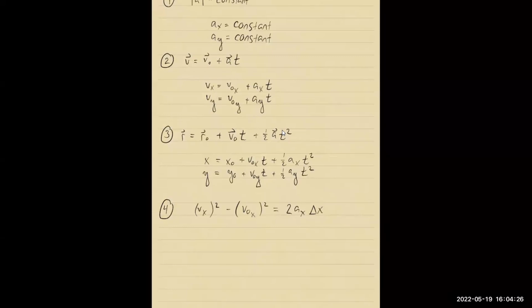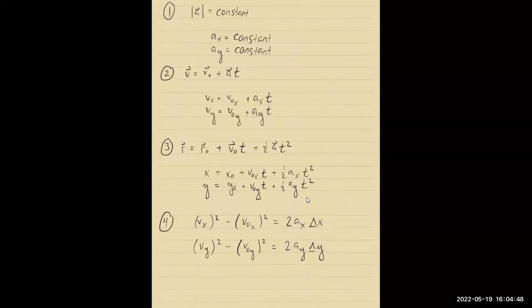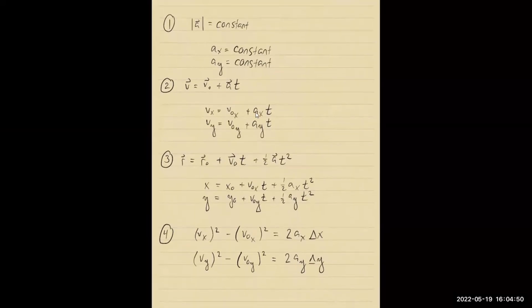So this is the x component version, and the y component version is the same thing, but now we're using y component stuff. So this is the initial velocity in the y direction squared. We have 2 times our acceleration in the y direction times the magnitude of our displacement in the y direction. So these 4 sets of equations make up what we call the constant acceleration equations in 2 dimensions.